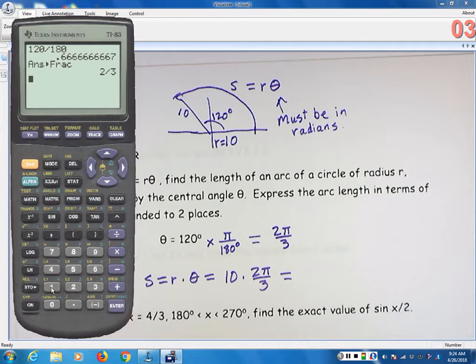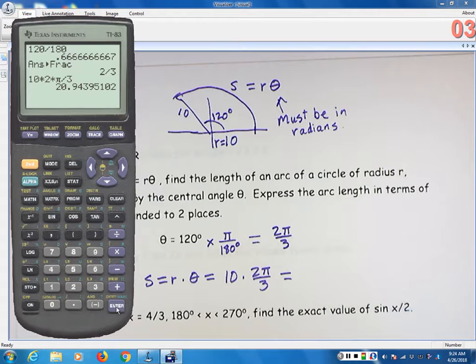So we're going to do 10 times 2 times second. The caret is pi. And then we're going to divide that by 3. And I want the 2 decimal places.